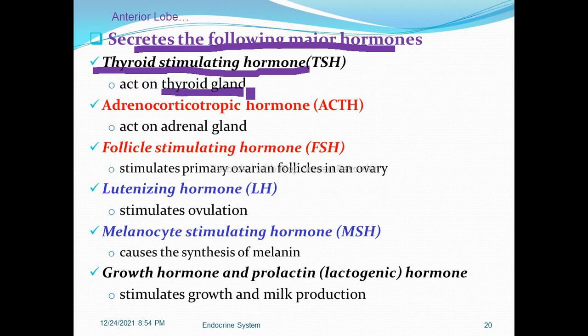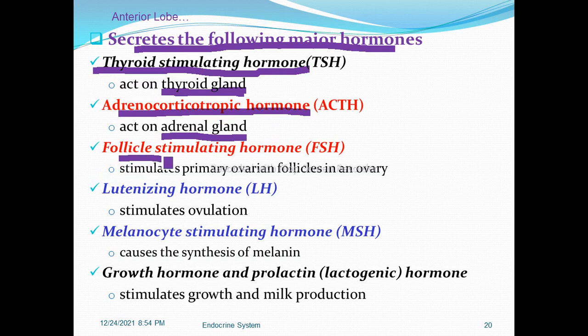The second is adrenocorticotrophic hormone, whose main action is on the adrenal gland, in the cortex. It is secreted by the anterior pituitary gland.